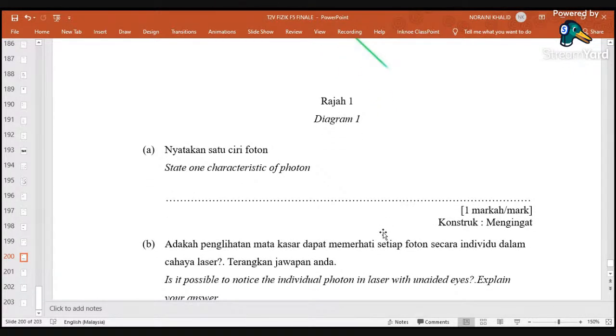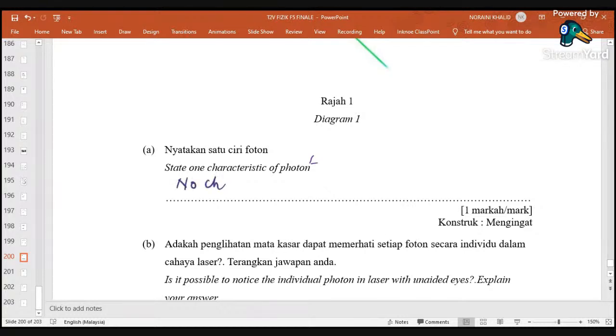A photon is light energy that radiates. For example, a black body emits radiation in the form of photons. So photons show properties of light, for example, no mass, no charge or neutral. You can just write any one of the characteristics.